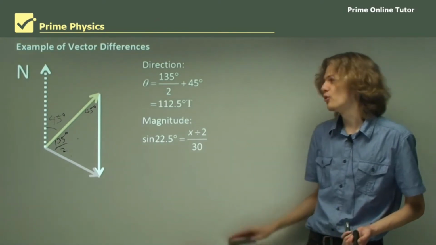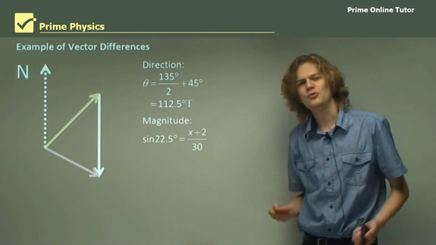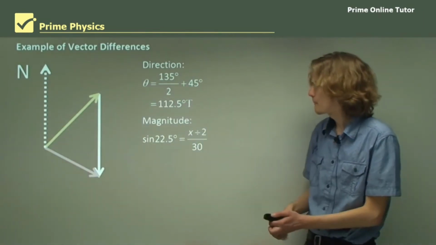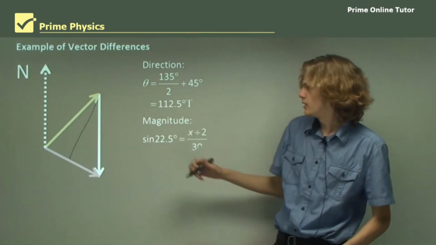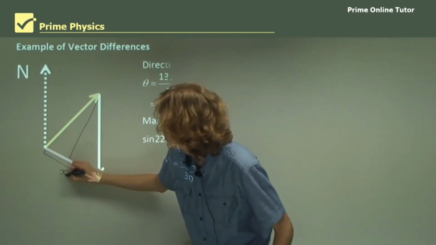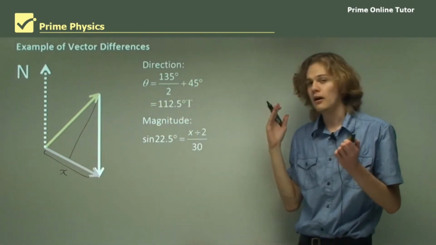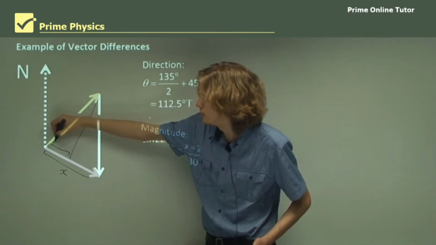So here we will need to draw a right-angled triangle, because with right-angled triangles we can use trigonometry to solve the problem. This distance we're going to call x, so the edge of the right-angled triangle here will be x over 2.